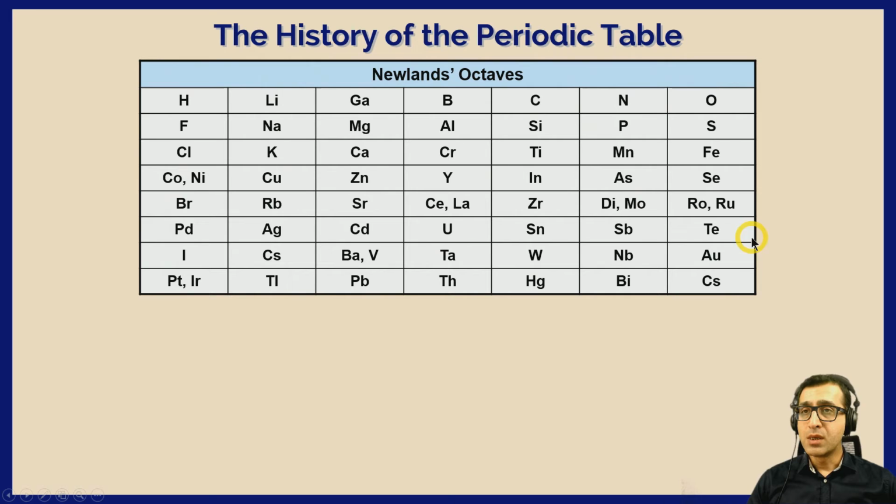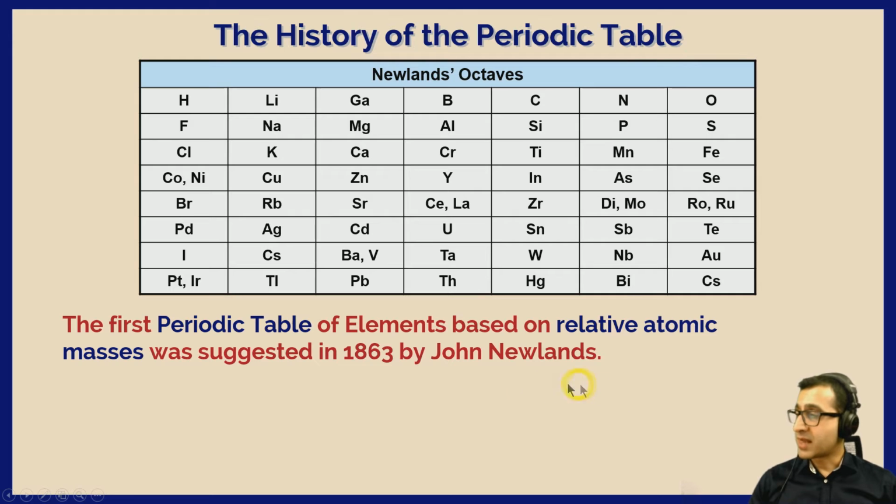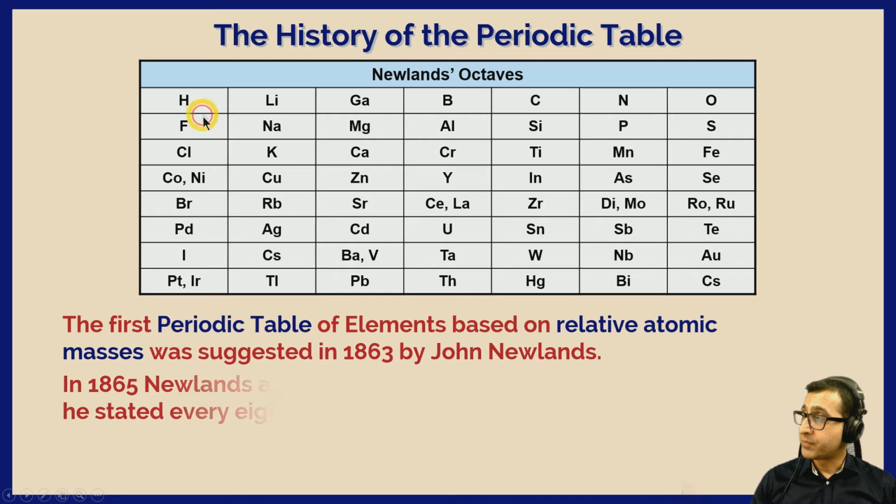So basically, before Mendeleev arrived, there was another scientist named Newland, John Newland. Now, his idea was based around a kind of philosophical idea of octaves in music. So he suggested in 1863 the first periodic table of elements based upon the relative atomic masses, but he organized them into octaves.